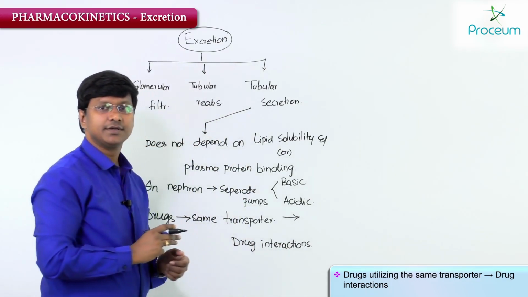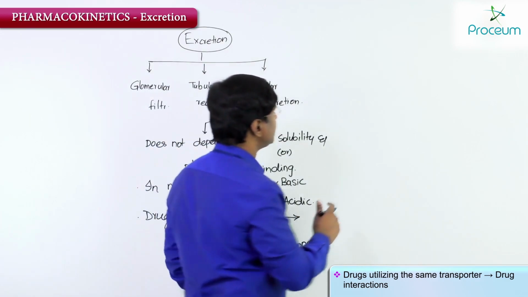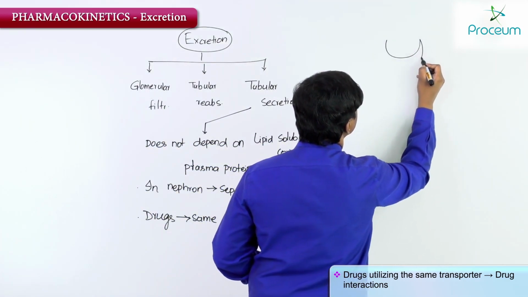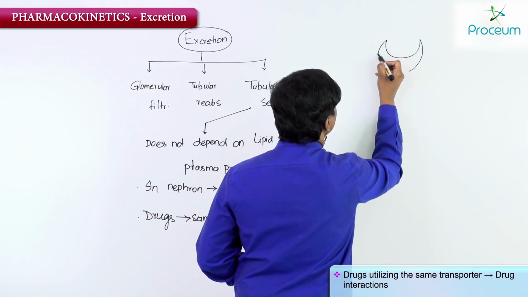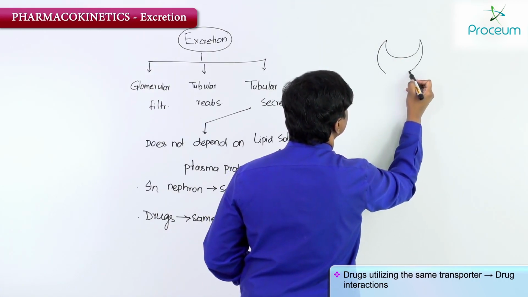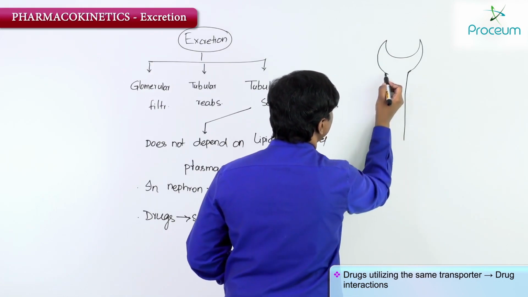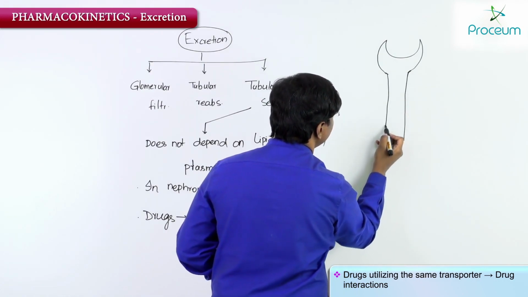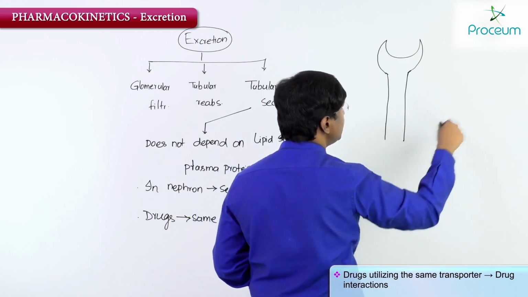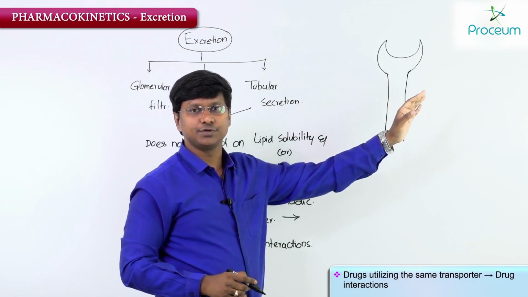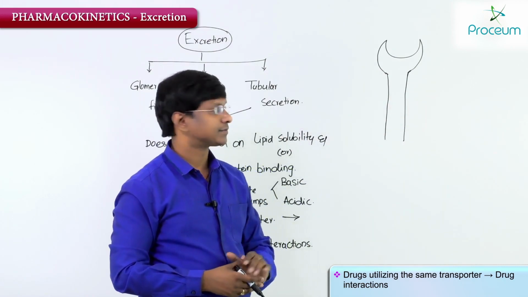Now you take this is the Bowman's capsule, and the continuation of this will be your proximal convoluted tubule, and then you have the loop of Henle, then the distal convoluted tubule, collecting duct, as well as the collecting tubule.